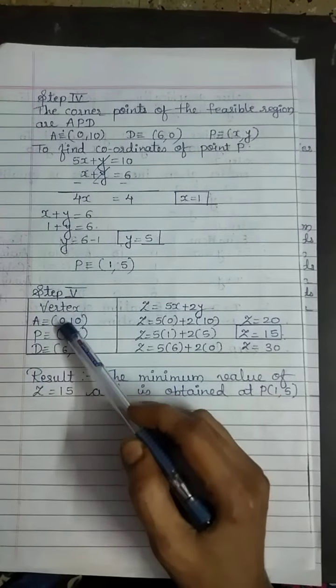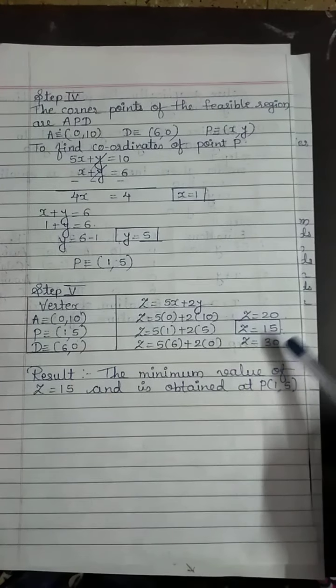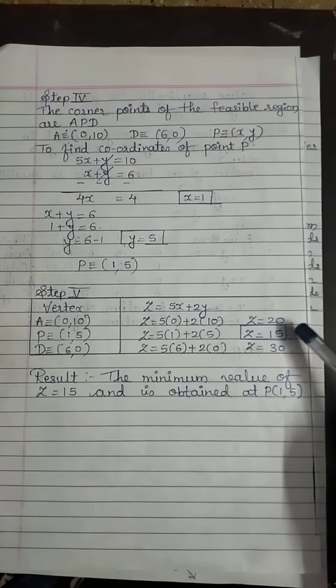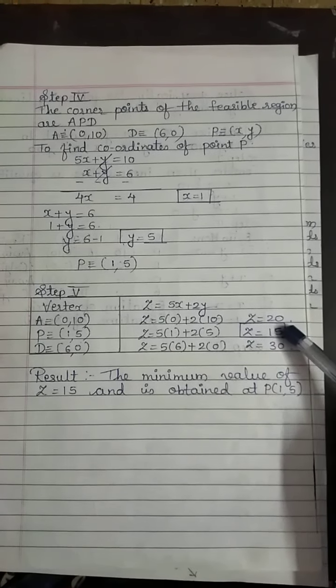Then substituting the values of coordinates of P 1, 5 in the equation of z, we get z is equal to 15. And D, substituting again values in the equation of z, we get z is equal to 30. And since it is asked to minimize, the minimum value of z is 15.